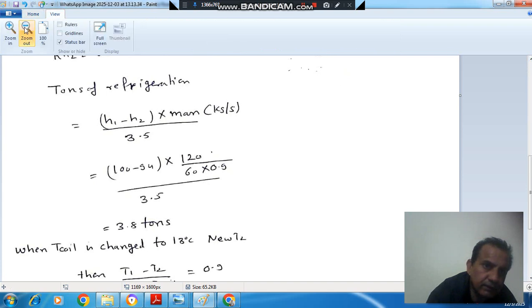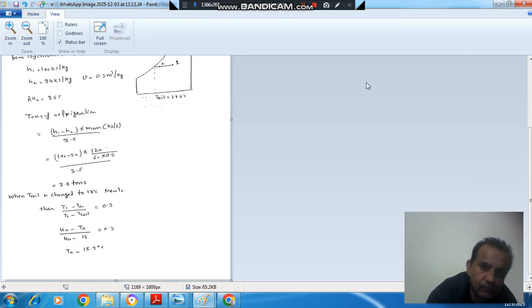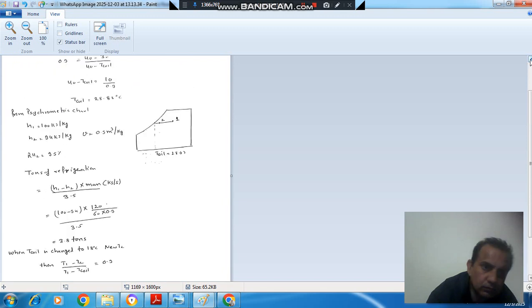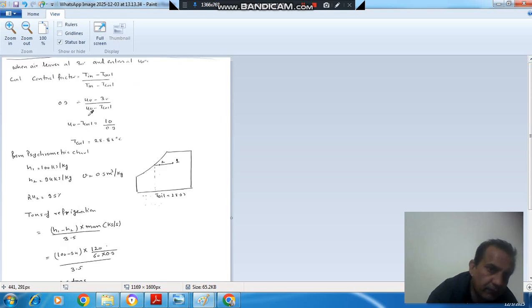You can see this on a small scale. So what we have done, we have found out this T coil temperature by using contact factor and inlet and outlet temperature, and then we located point 1 and this T coil temperature, and on this line we located point 2, and at point 2 the relative humidity was 95%, and at point 1 the enthalpy was 100 kilojoule per kilogram, and at 2 enthalpy was 94 kilojoule per kilogram, and specific volume is 0.9.